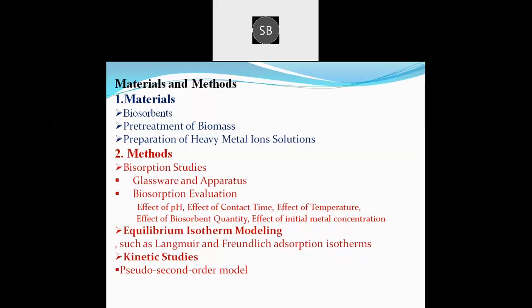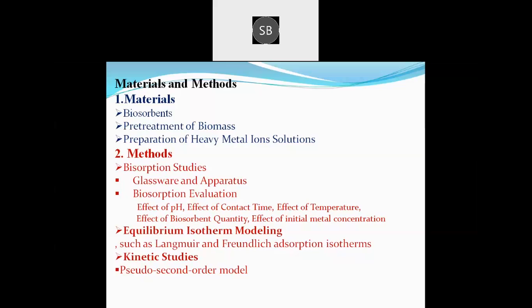Before starting the actual process, it should be optimized. I already told you the influencing factors like pH, temperature, and biomass loading. So we have to optimize the effect of pH. Then the second is the contact time, how much time it takes for heavy metals to adsorb. That should be optimized.